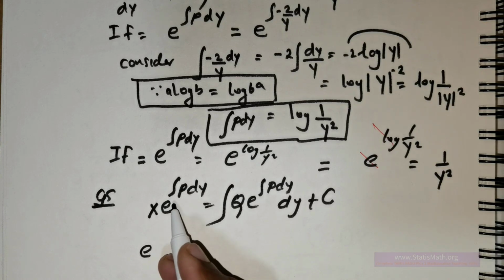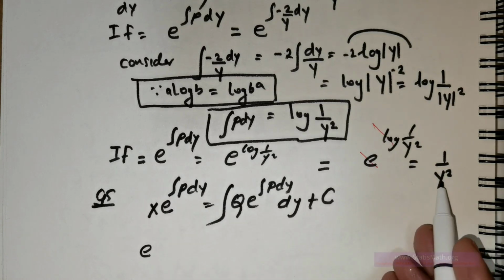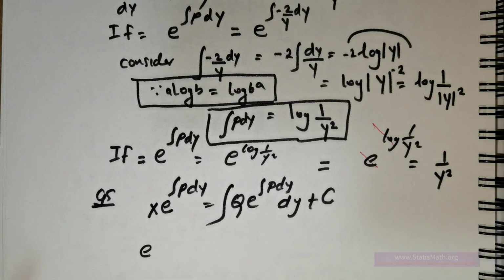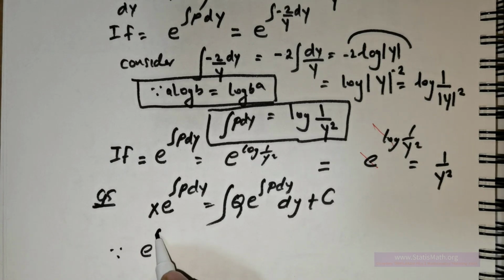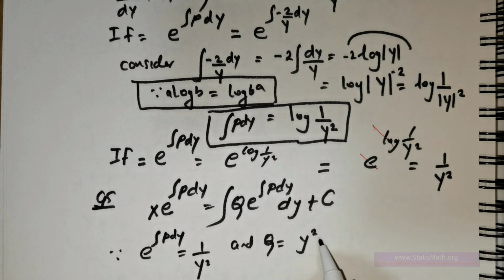In the place of e raised to the power integral p dy, we would have to substitute 1 over y squared. So I would just start off by making the substitution, since e raised to the power integral p dy is equal to 1 over y squared and q is equal to y squared e raised to the power negative y.